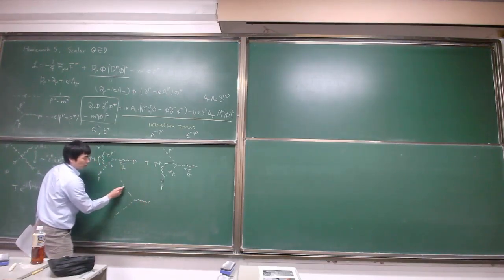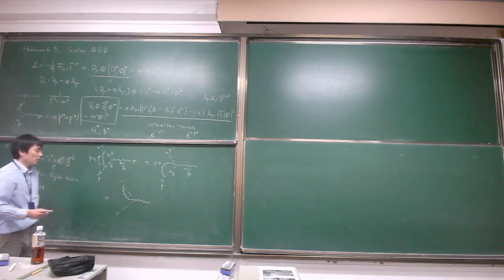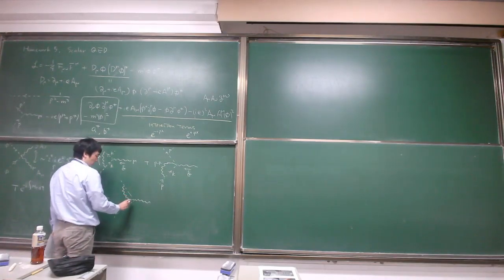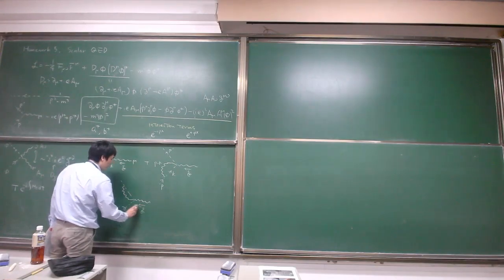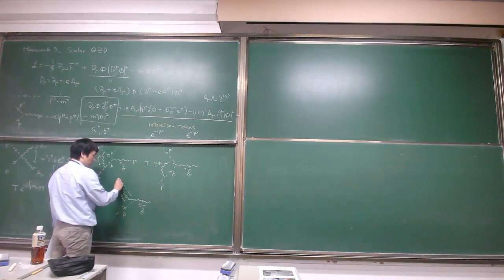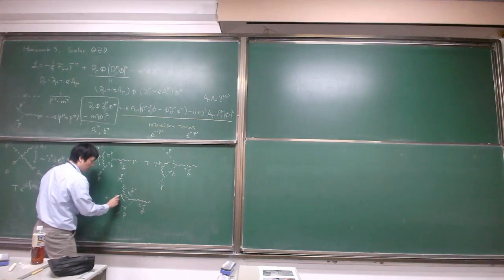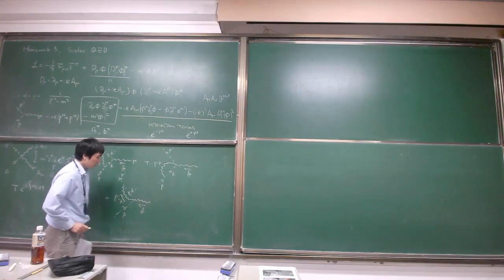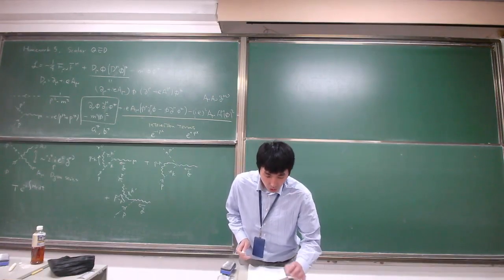Of course, one can do the same thing here, this way. I call this p and q, and here I call this p prime, and k prime, and this is p minus p prime as k prime. So these three diagrams should contribute.